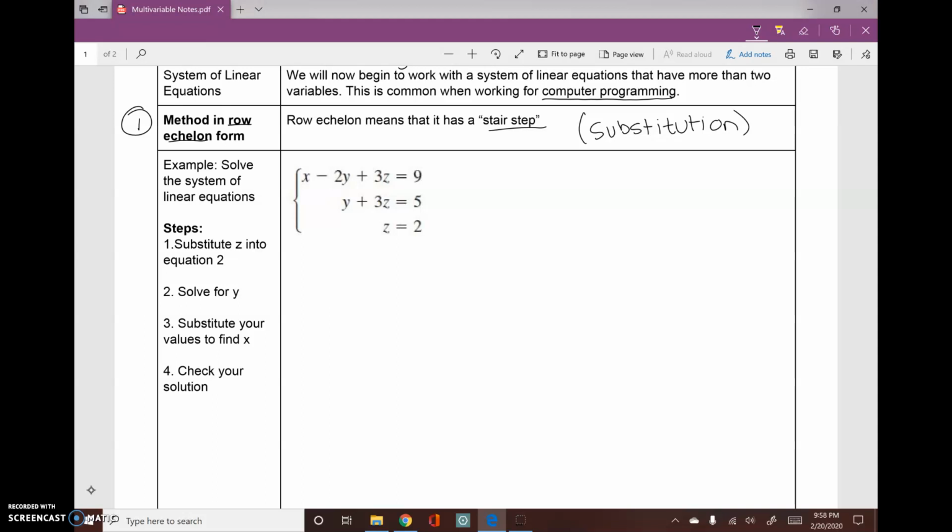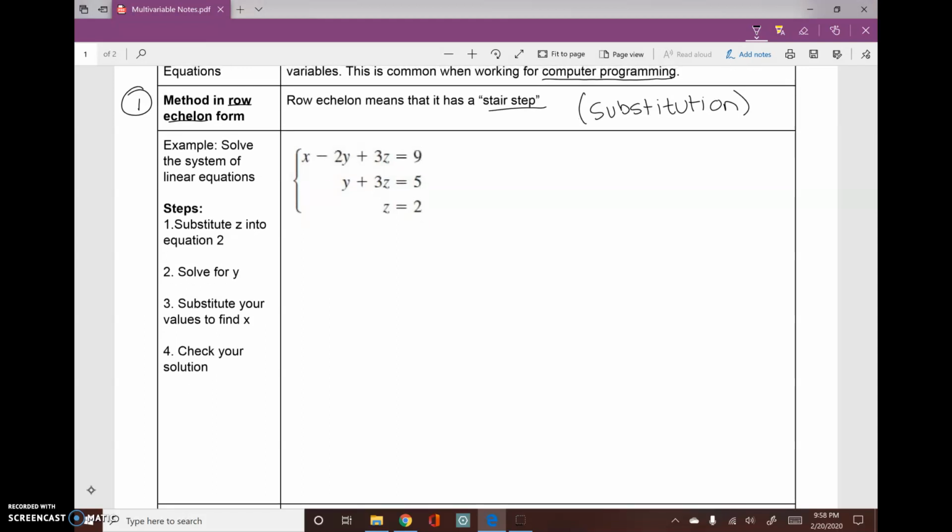So I gave you the steps. These are a little bit simpler to follow. Step 1, substitute z into equation 2. So we can label them: this is equation 1, 2, and 3.